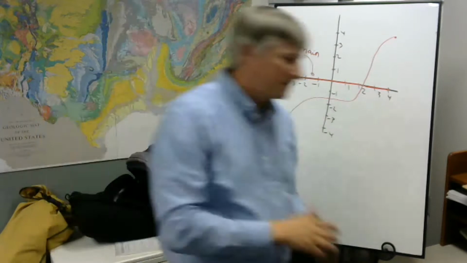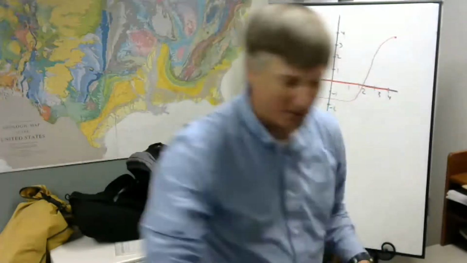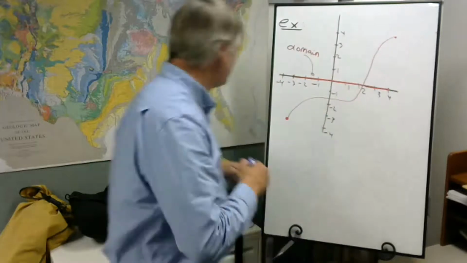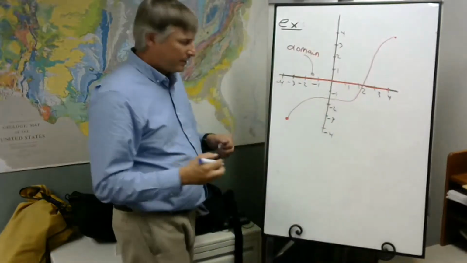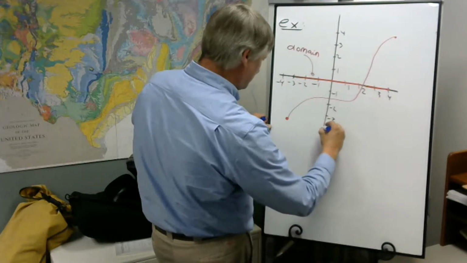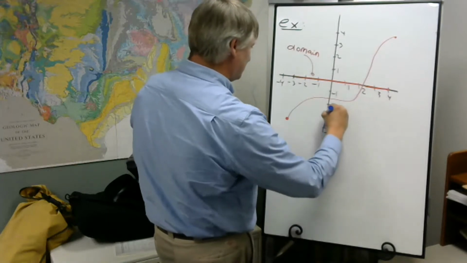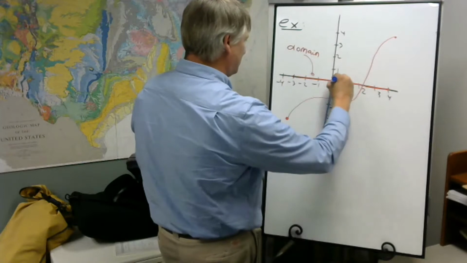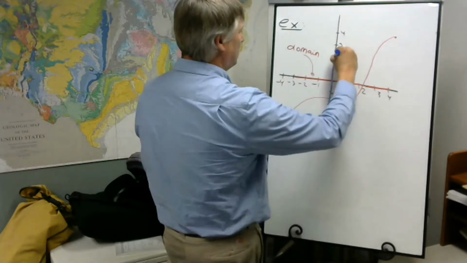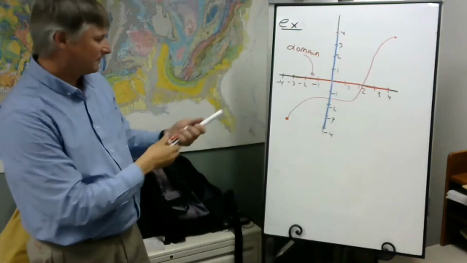Now let's look for the range. Well, for the range, it starts down here at -4. And then it's going, in a sense, along the y-axis all the way up until it stops at +4.